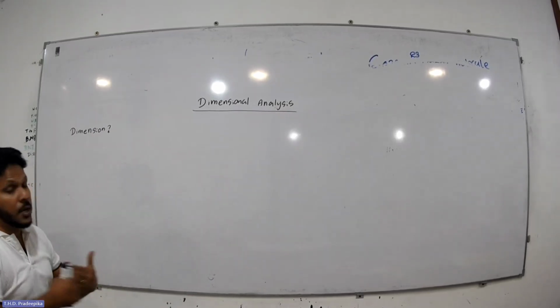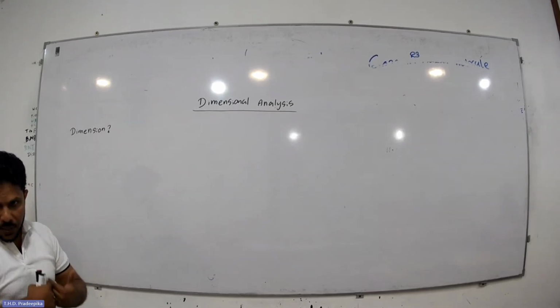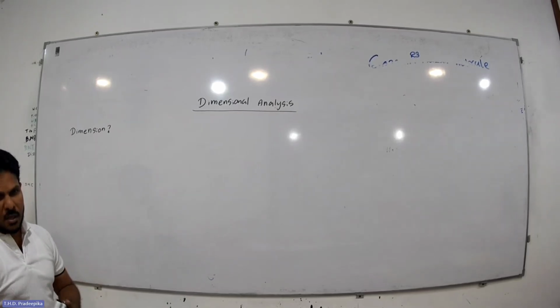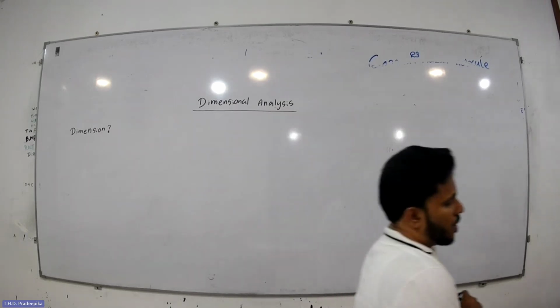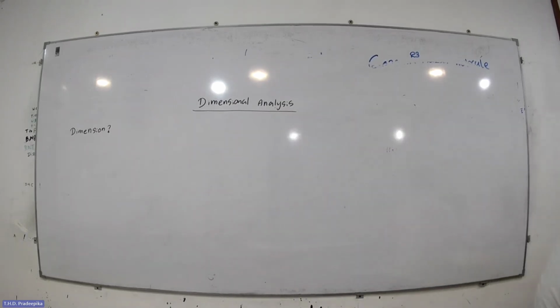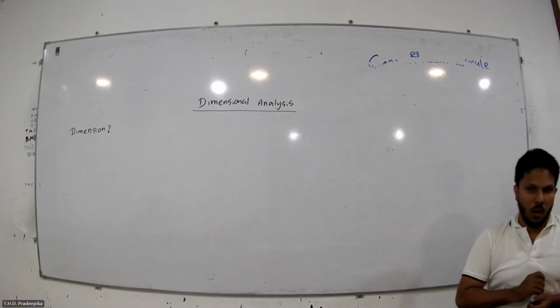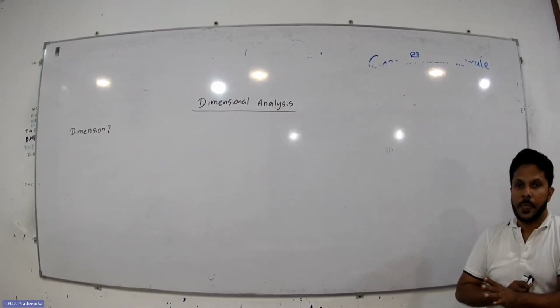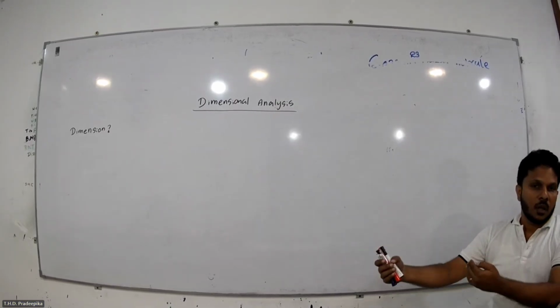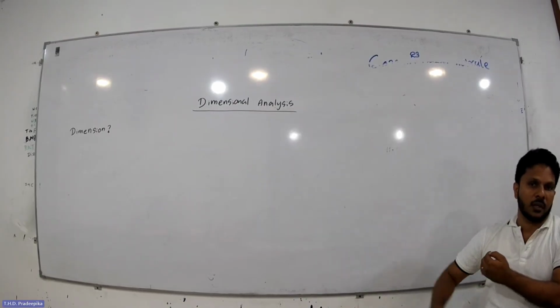It is a symbolic expression. The dimension of a physical quantity is a symbolic expression of how that physical quantity is derived using the fundamental physical quantities.